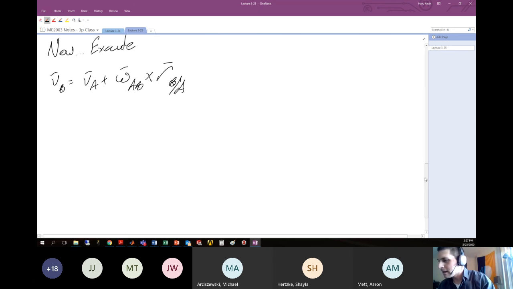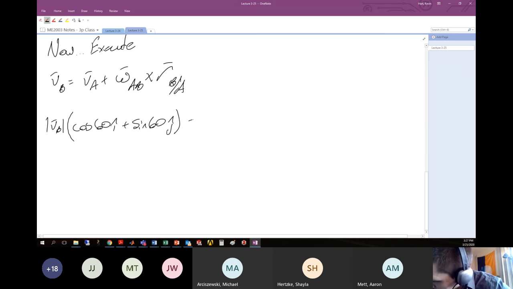Let's plug a bunch of this stuff in. We know that the velocity of B is the magnitude of the velocity of B times the unit vector along which that velocity must act, cosine 60 i hat plus sine 60 j hat.